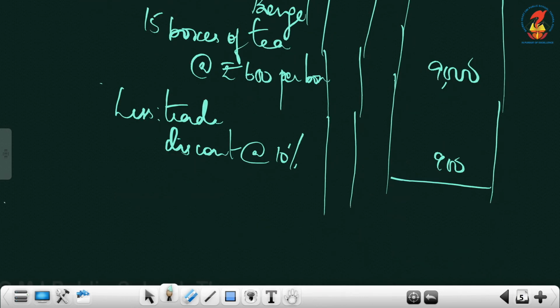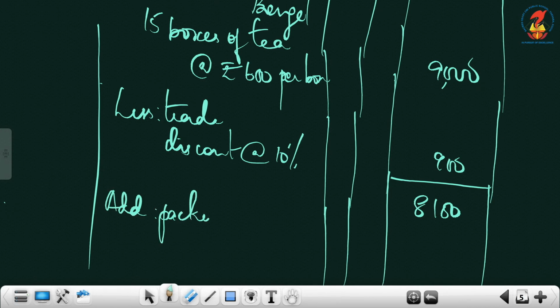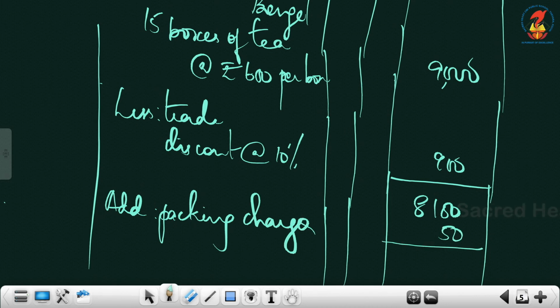Then the figure must come in the inner details column itself, the deducted figure, because we have to add something with that. Packing charges 50 you have to add. That you write in the outer column. Now it's over. So the final amount you can write in the outer column.